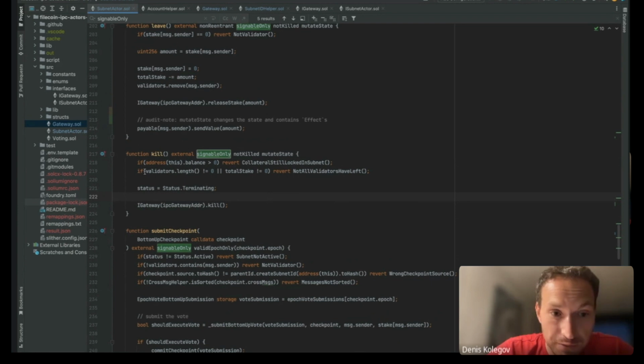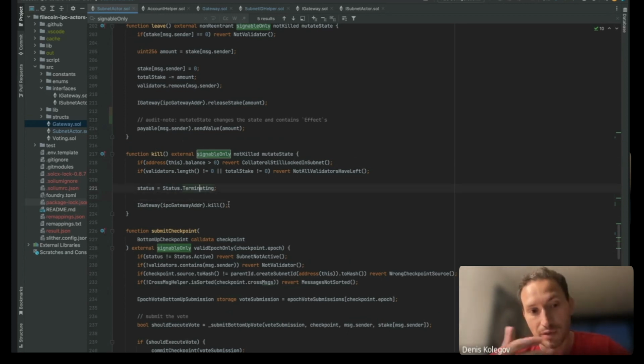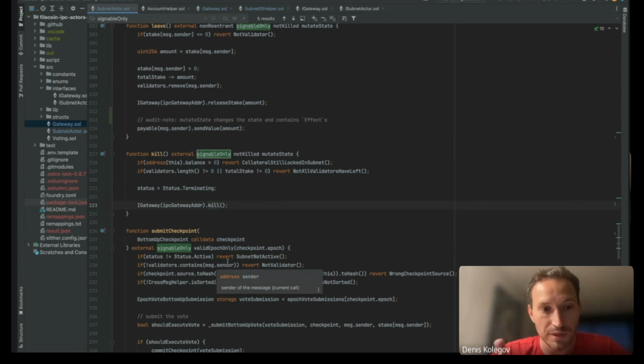And if there is a validator, so if not all validators left the subnet, we should not kill it. Otherwise, we change the status to terminating and call the kill method on a gateway.